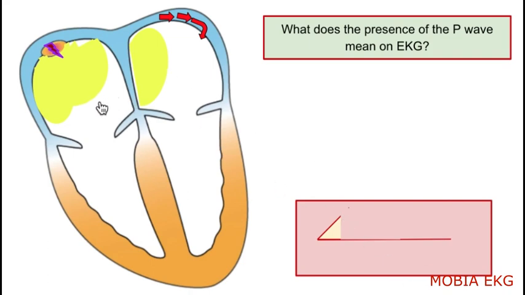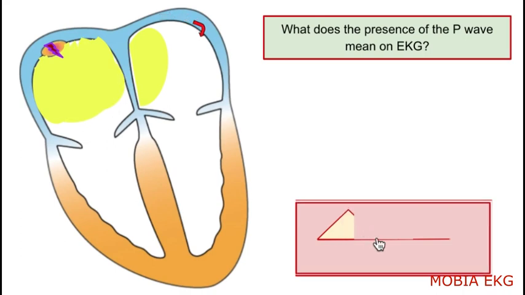Now, both right and left atria are in the depolarization phase. When more than 50% of the right atrium is depolarized, the potential difference in the atrial membrane decreases, and as a result causes a lower deflection toward the isoelectric line.